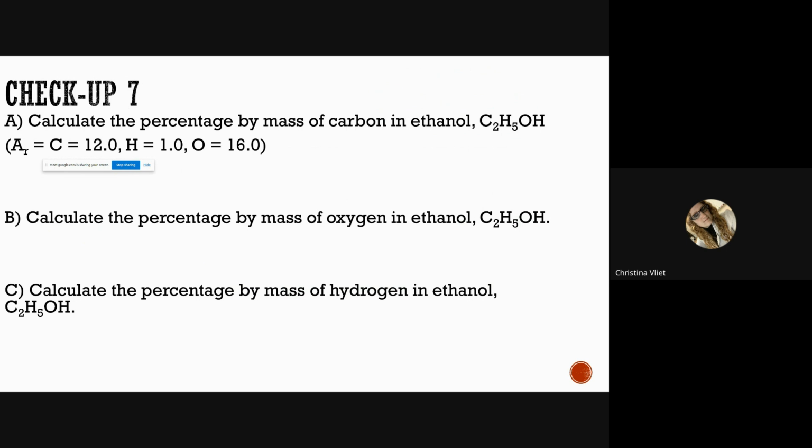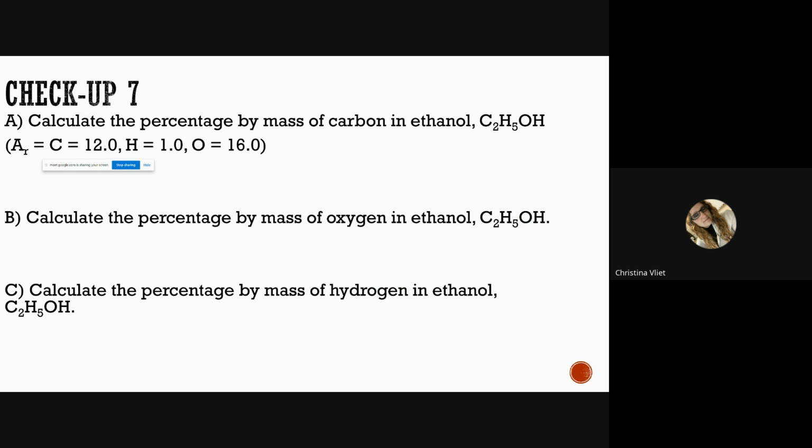Calculate the percent by mass of carbon in ethanol. What would you do? Go ahead. Raise your hand if you have it for carbon. What was your total molar mass? Not looking for the molar mass, the percent carbon.